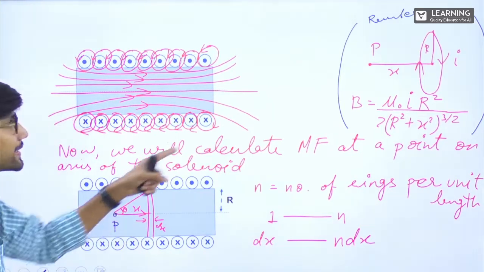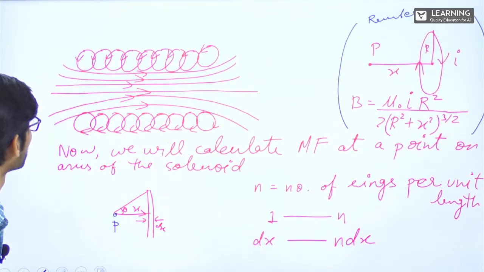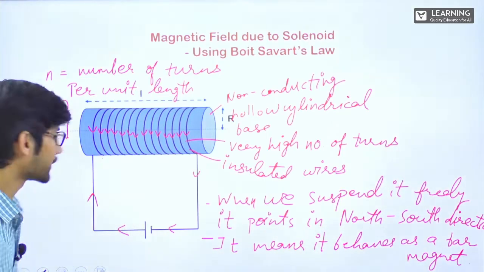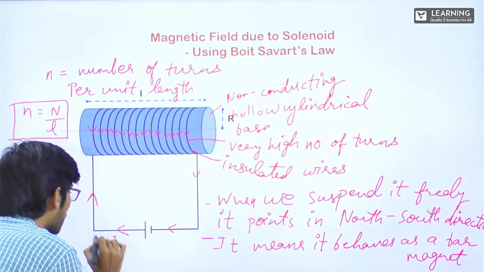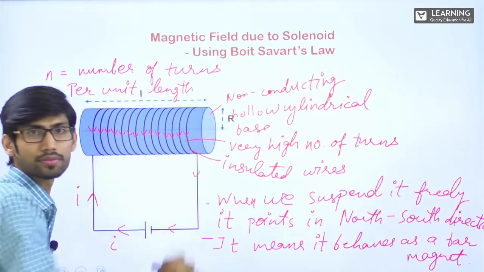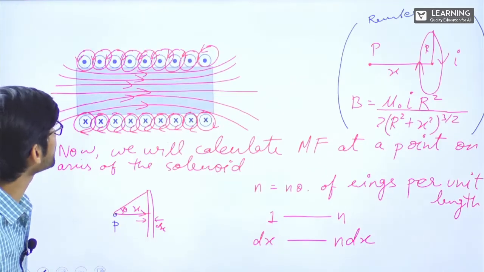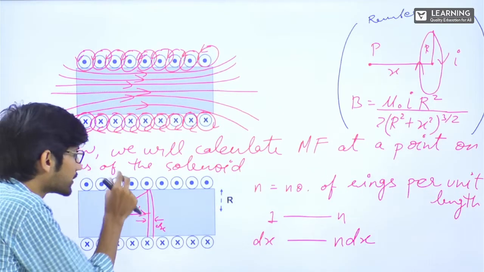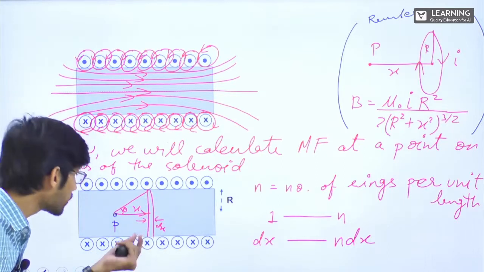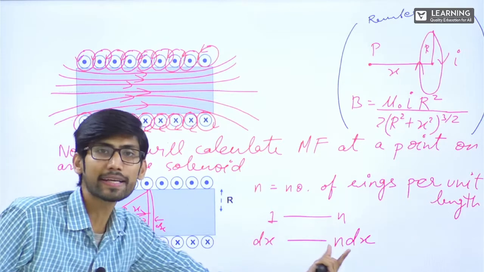Now, how much current is there in one ring? I. Simple, right? If I connect this with a battery, I current is going here. The same I current is flowing in each ring. So in dx length, n dx rings are there.